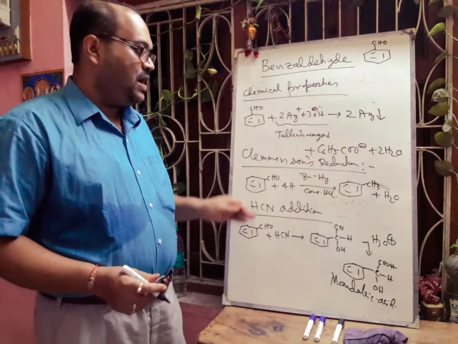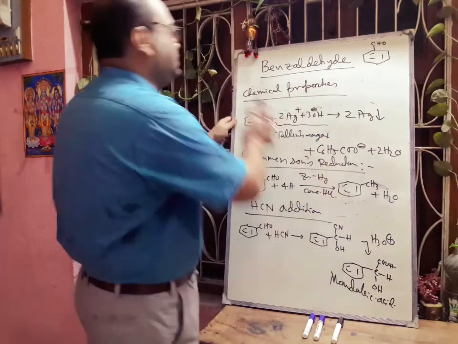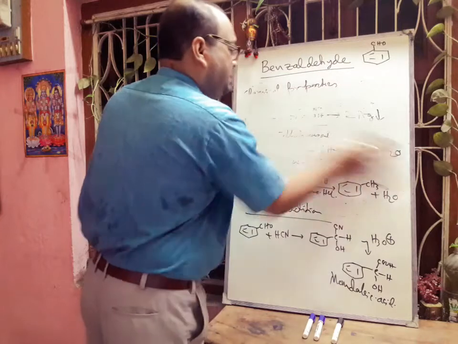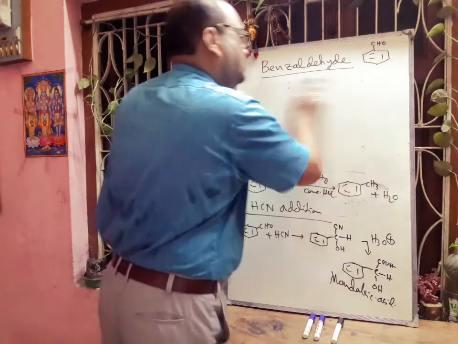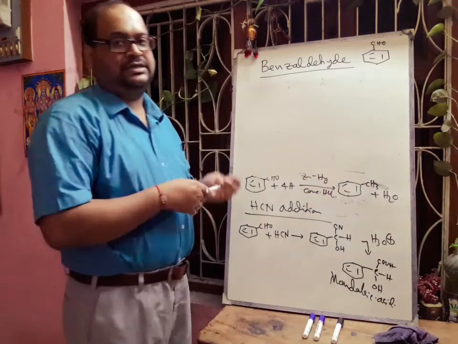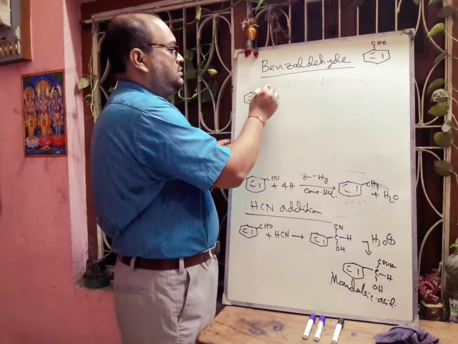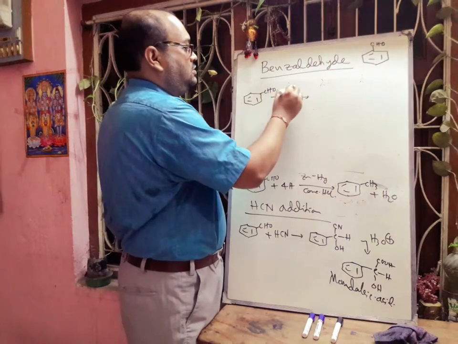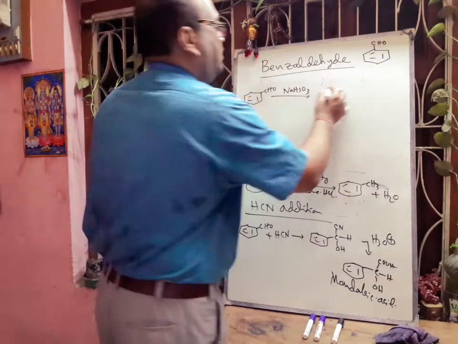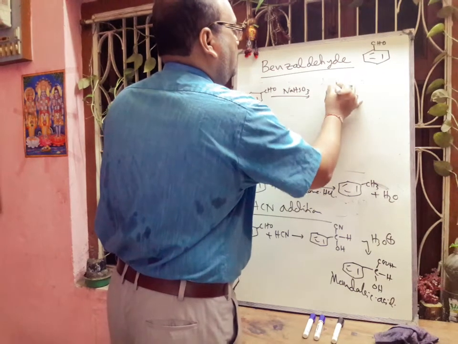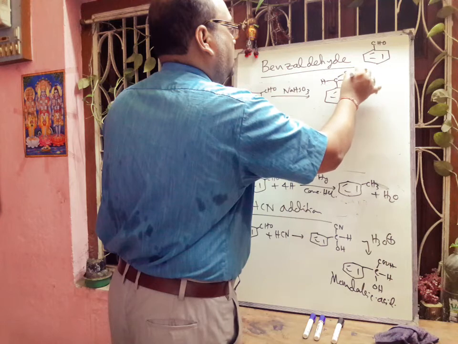After completing this part, that means aldehyde and ketone, we will discuss the carboxylic acid. Next we will discuss sodium bisulfite addition. Already we have discussed it in aldehyde also. So benzaldehyde also will respond to this sodium bisulfite addition test. If you take benzaldehyde and add sodium bisulfite, definitely there will be formation of this compound, CHOH SO3.